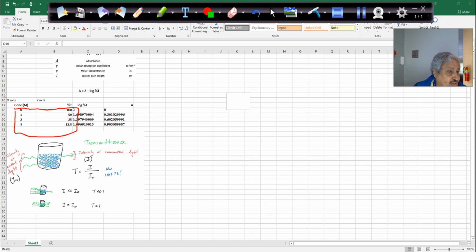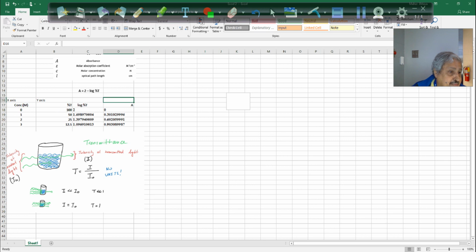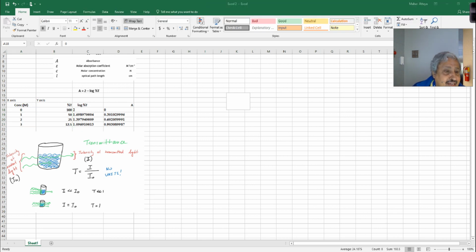So I will highlight those x-axis and y-axis. Any questions so far? So let me take this one out, and I am highlighting the numbers, not the alphabet or something, numbers. Okay, then I go here. I say, okay, I'm inserting.